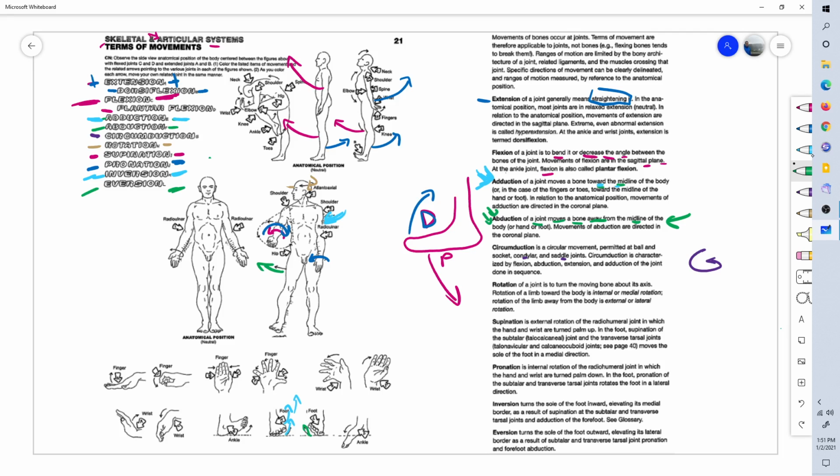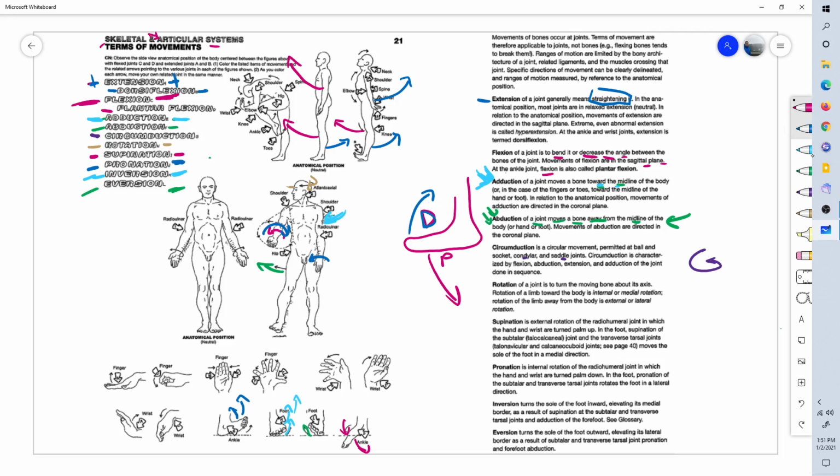And of course, we already know what this is right here because we already discussed it, right? This is ankle dorsiflexion towards the dorsum of the foot. And of course, this over here is plantar flexion of the ankle towards the plantar. Toe down is toward the plantar surface of the foot.